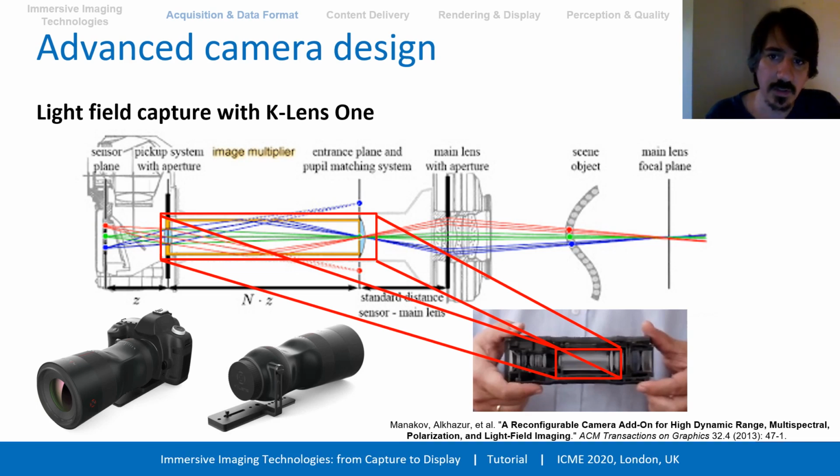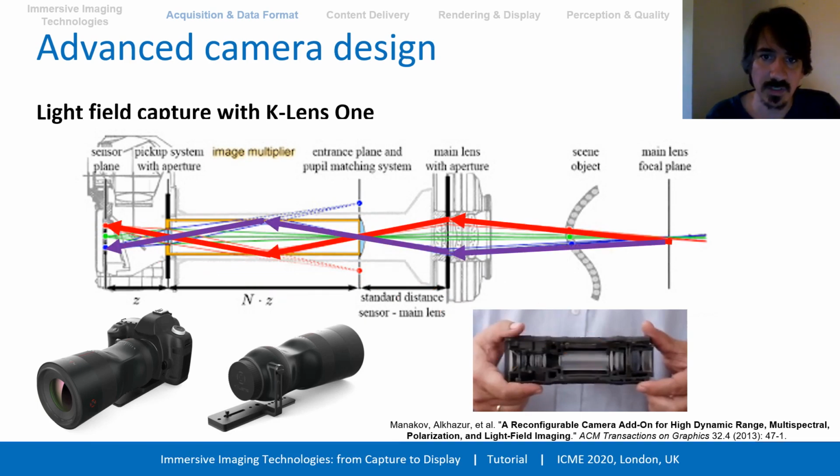And it consists in a novel lens design which can be mounted on any DSLR camera. And the core idea is that in this lens there is a so-called image multiplier, which is highlighted here in red. And this is a tube with a square cross section made of mirrors.